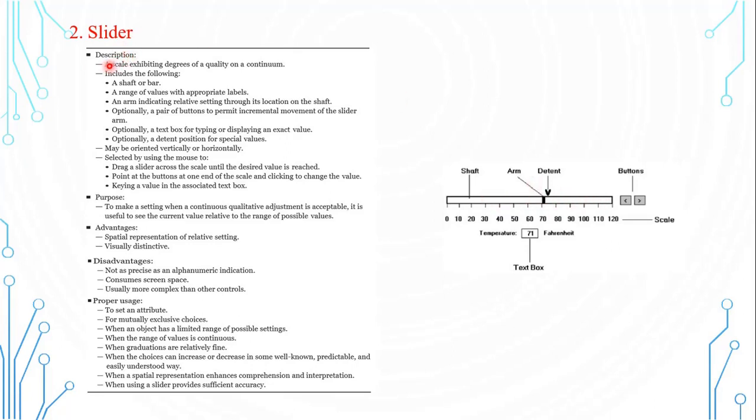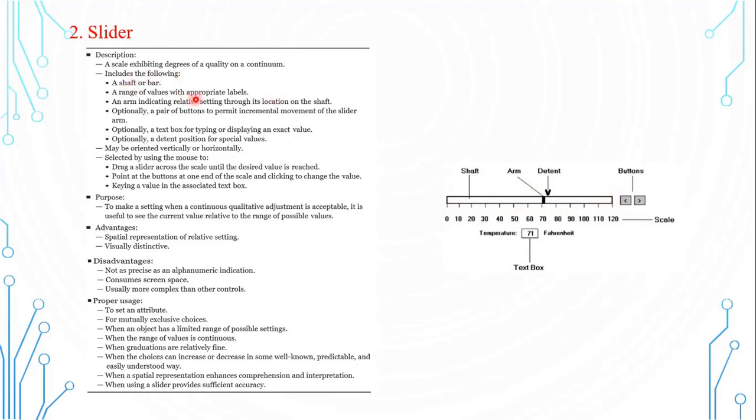So what is the description of a slider? A scale exhibiting a continuum of quantity is called a slider, and it includes the following: a shaft or bar. You have a shaft here, or you can call it a bar. Okay, a rectangular structure you call a shaft.